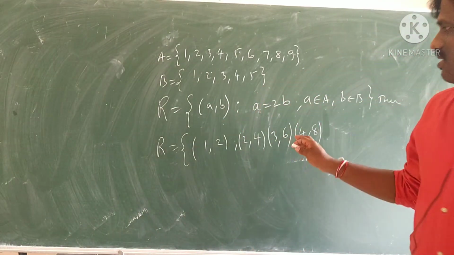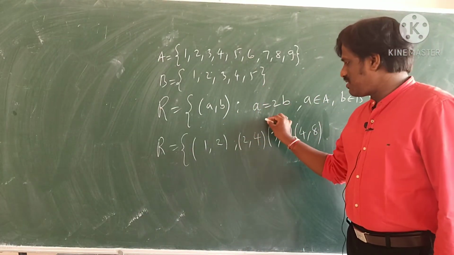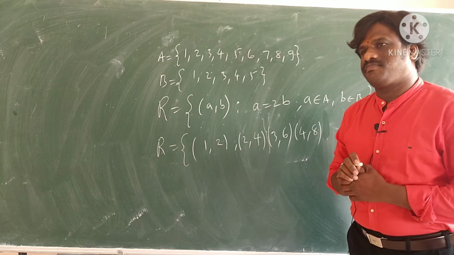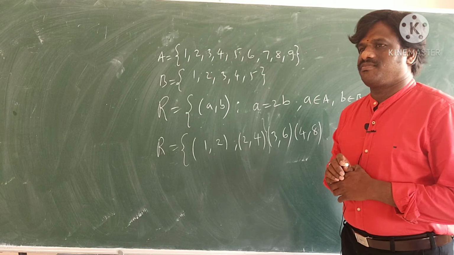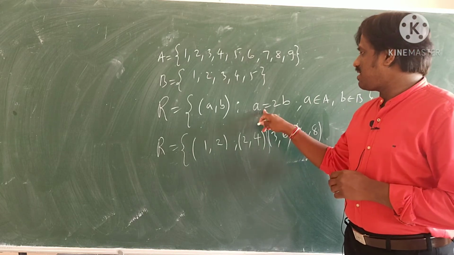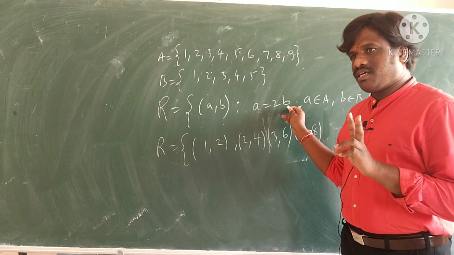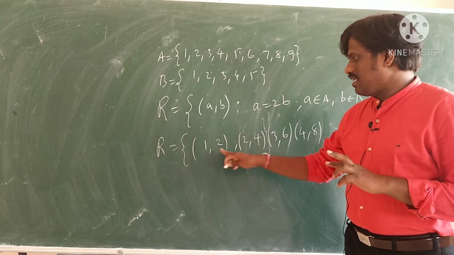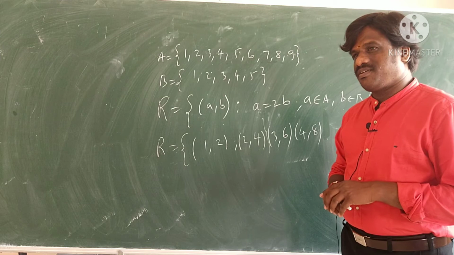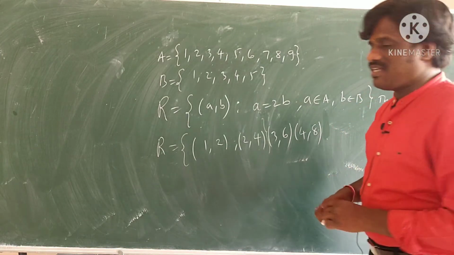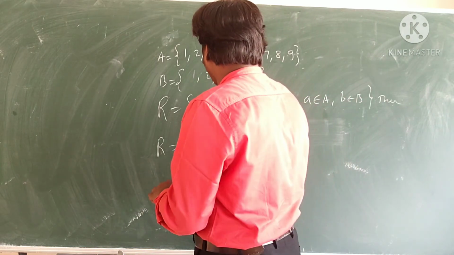Is this pattern correct? See, a is equal to twice b. So here it should be (2, 1), right? Next (4, 2).